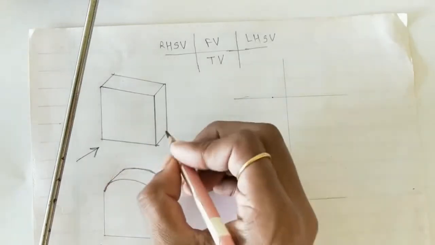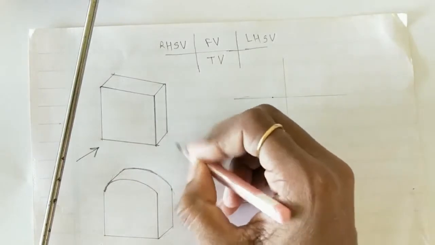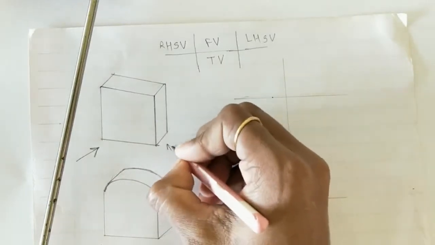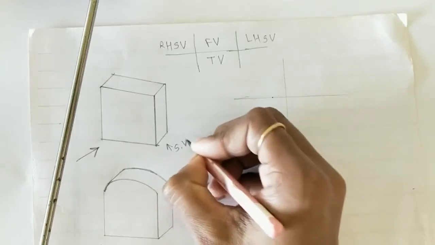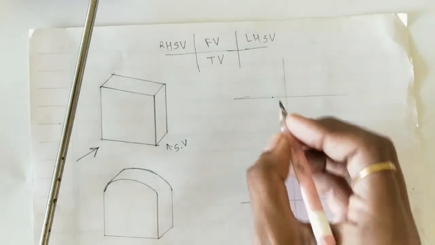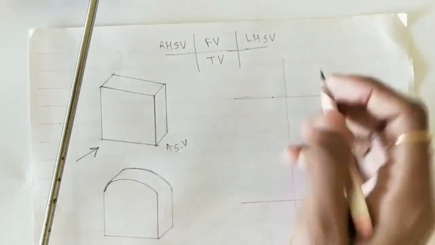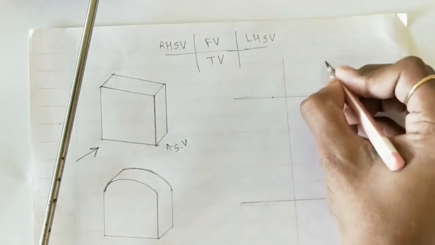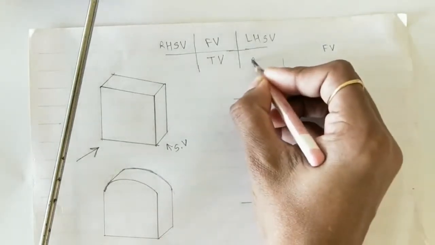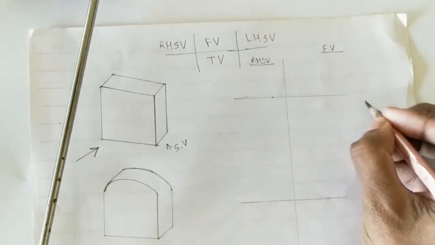In this example, the side view is from the right side. So this is the direction for the side view, that is the right hand side view. The right hand side view will appear to the left of the front view. So our front view will be here, the RHS view will be here, and the top view will be here.